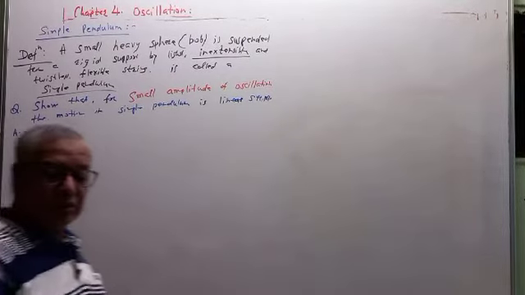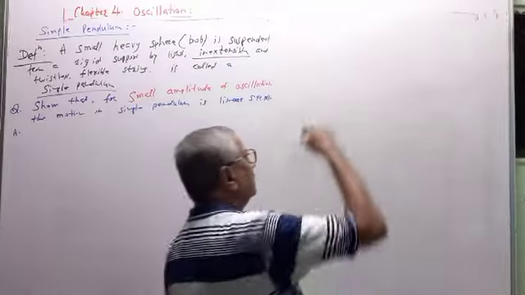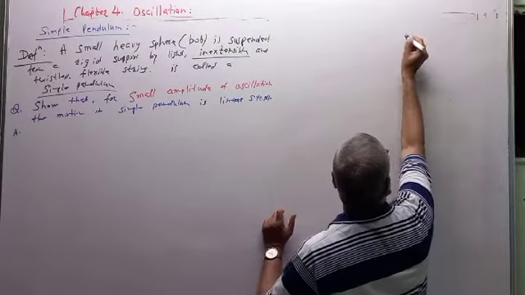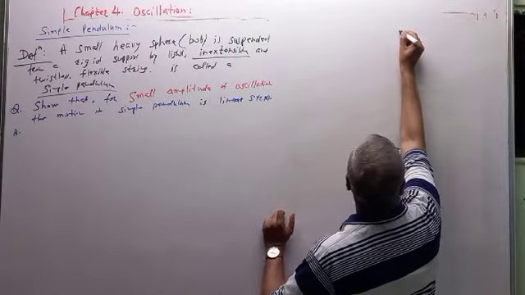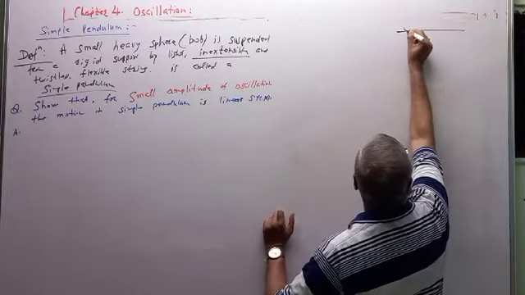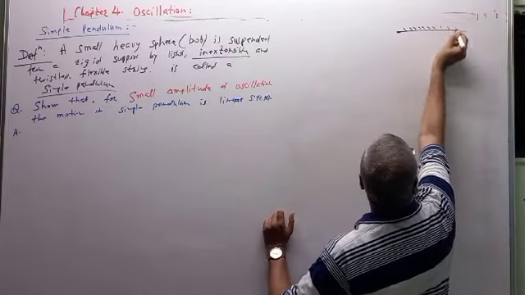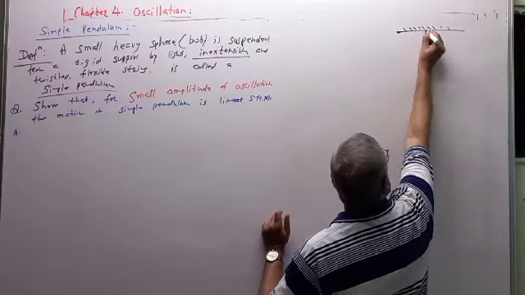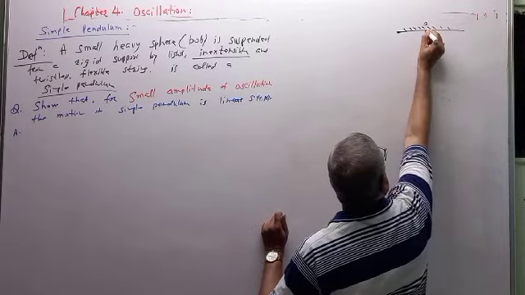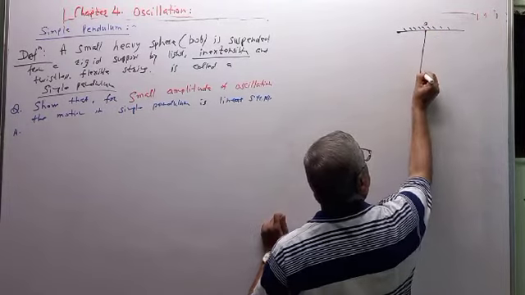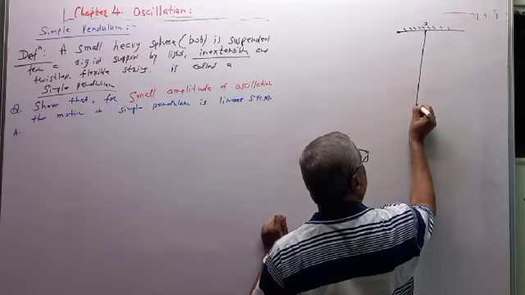So we will use the diagram of simple pendulum like this. Suppose this is a rigid support. This is the point of suspension of a light massless string, which is suspended from it.